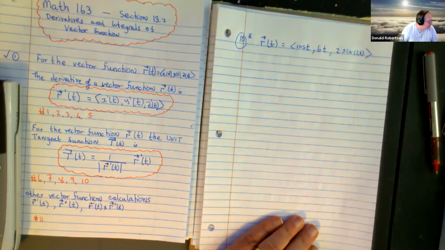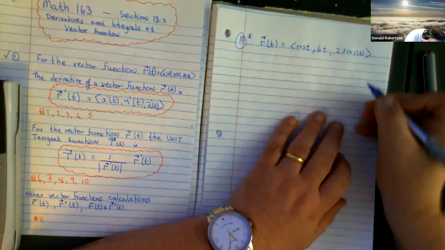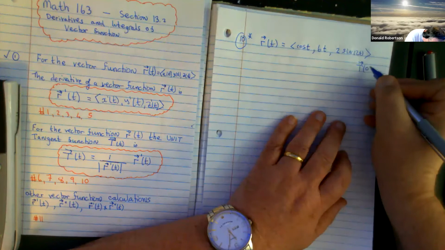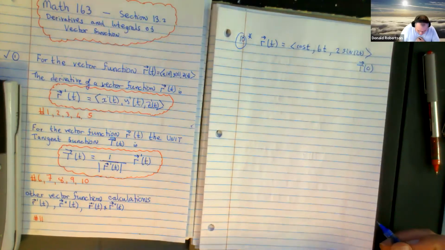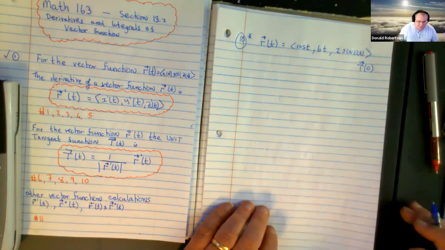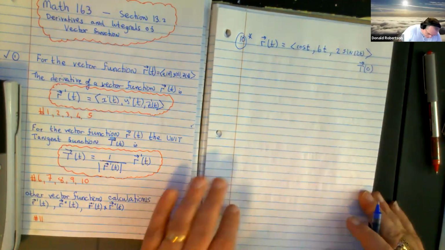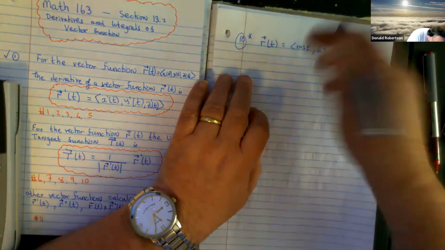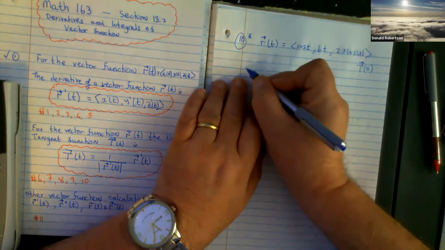And we are interested in the unit tangent vector at 0, because they have no imagination. Couldn't have got the unit tangent vector at pi over 2 or 49 or something, but no, they want 0, probably because the numbers will come out nice, I suspect.